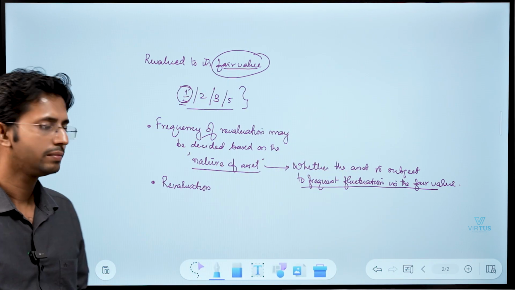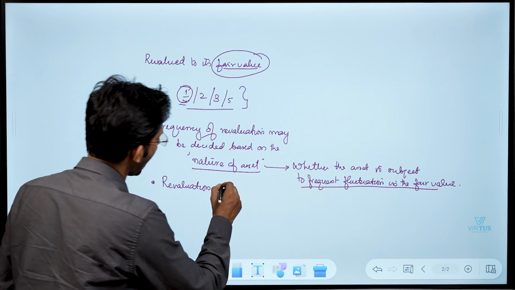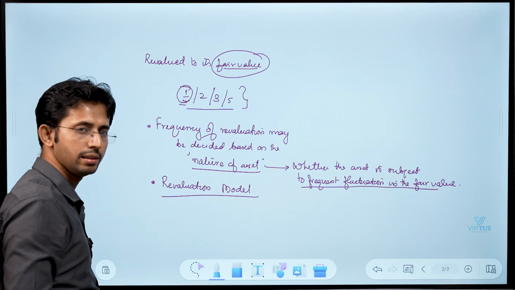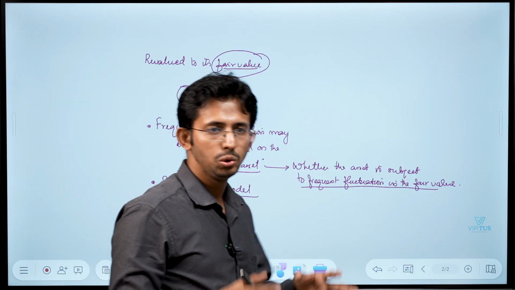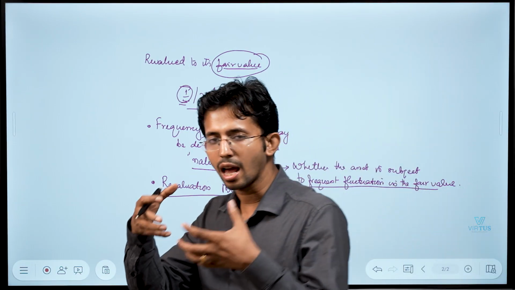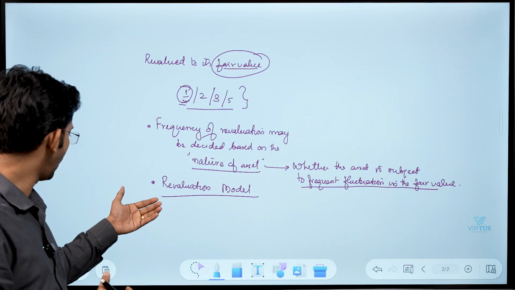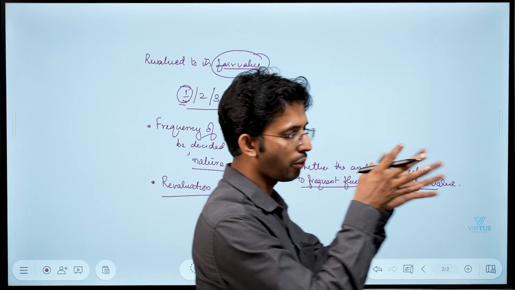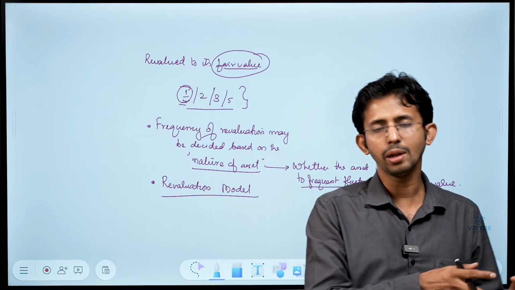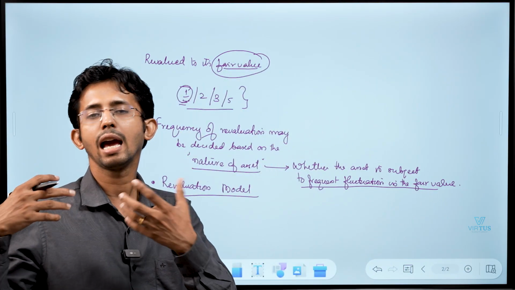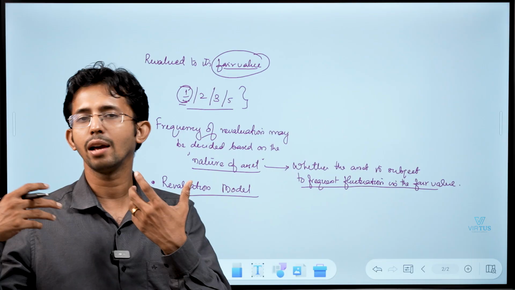What do you think? Friends, here also the answer is that the revaluation model need not be applied for all the assets. You can have selected classes. For each class of assets you can have the revaluation model or cost model as you like. Let's say for buildings you can have the revaluation model, whereas for office furniture you can have the cost model, or for computers you can have the cost model.